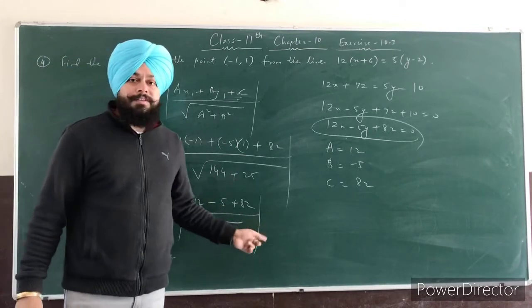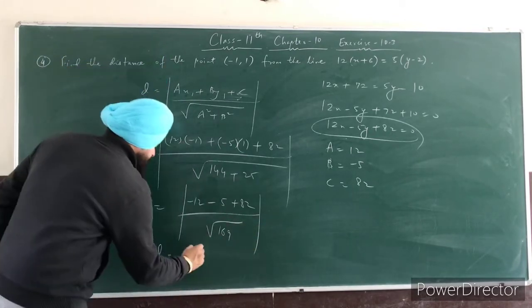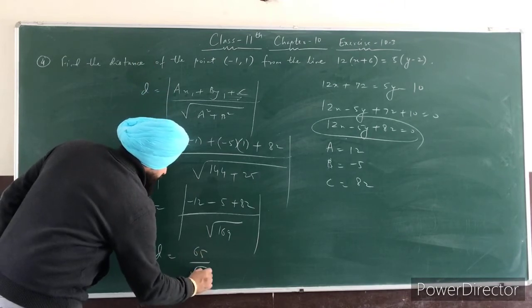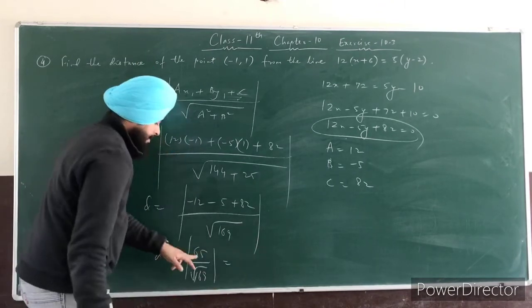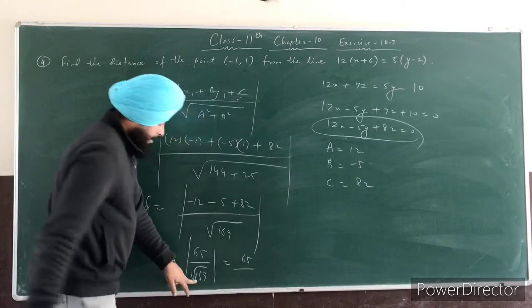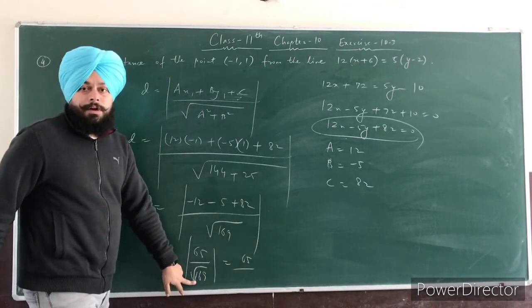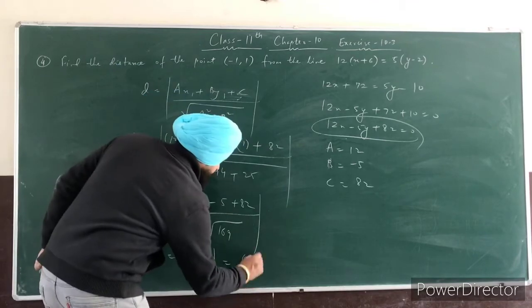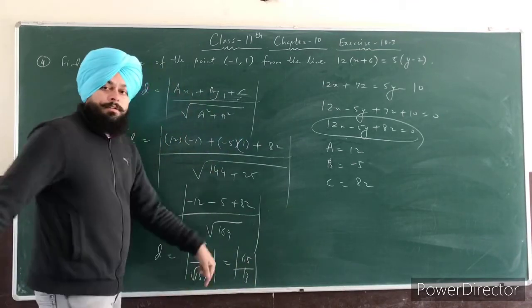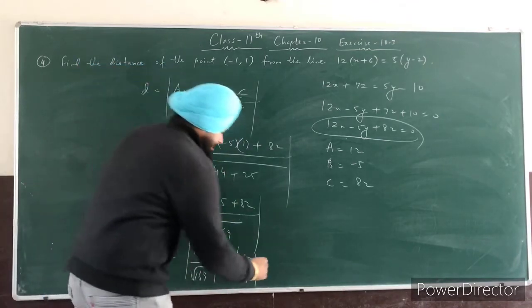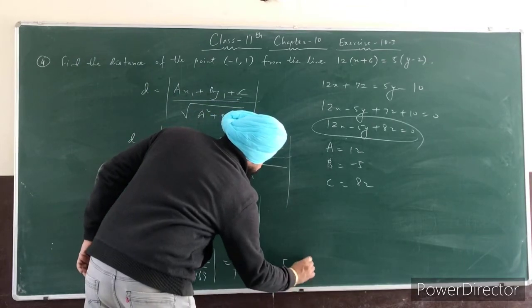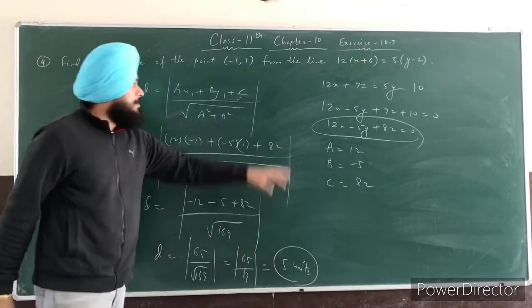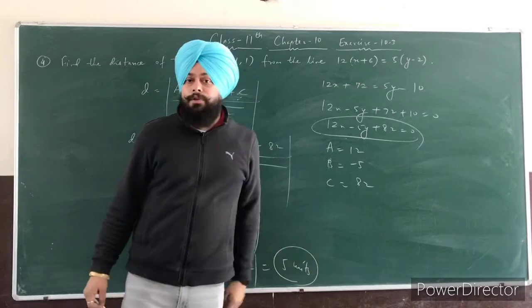Minus 17 plus 82 is 65, over √169. Now 65 over root 169 is how much? 13, because 169 is a perfect square. Now 13 into 5 is 65, so the distance between this point and the given line is 5 units.